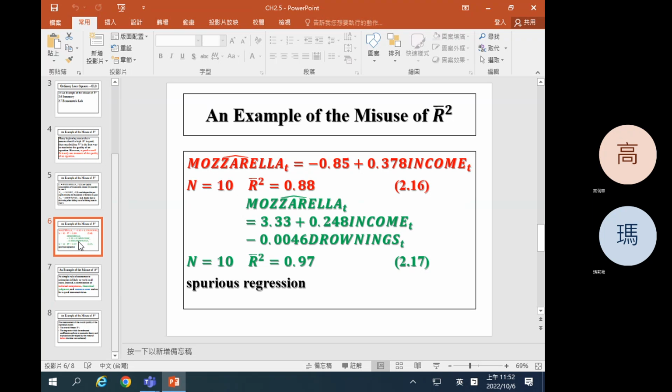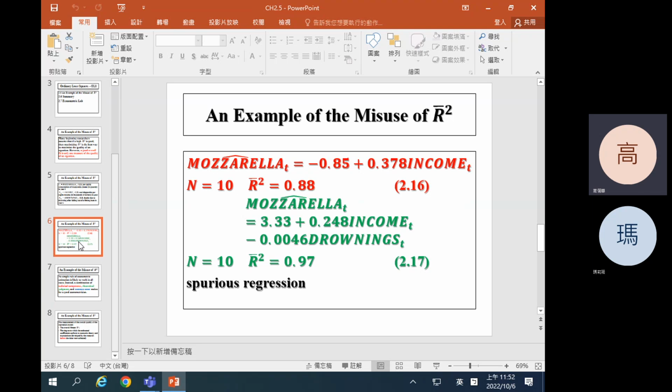So this example shows that equation 2.17, the one with nonsense X variables, gets a higher adjusted R squared. But even though we get a higher adjusted R squared, we'll never say equation 2.17 is better than 2.16.